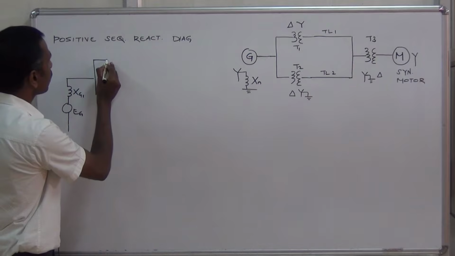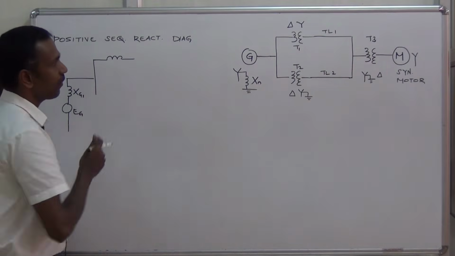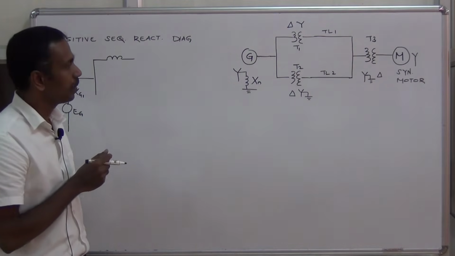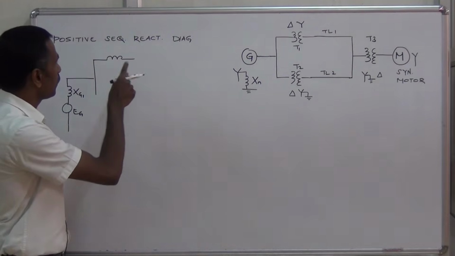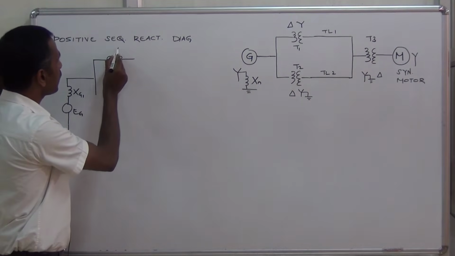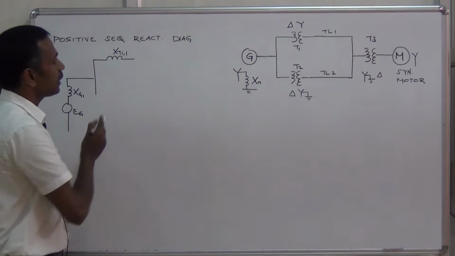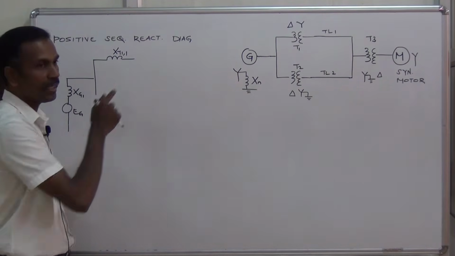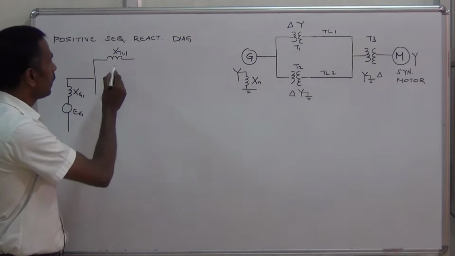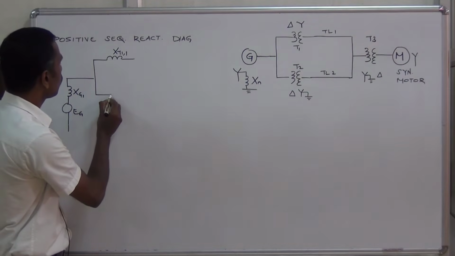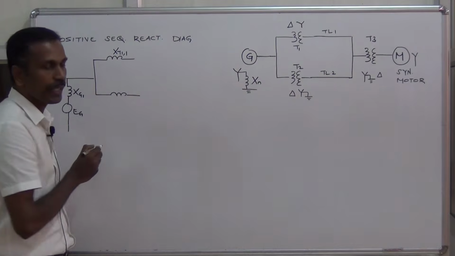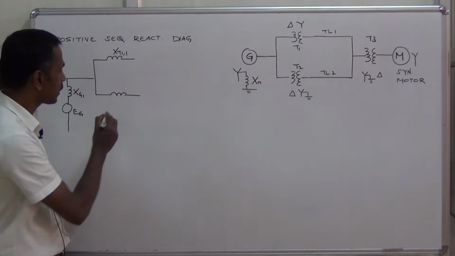In the first one, we have a transformer T1. The positive sequence reactance of the transformer T1 is drawn in series with the network. In the second transformer also, the positive sequence reactance is drawn in series.